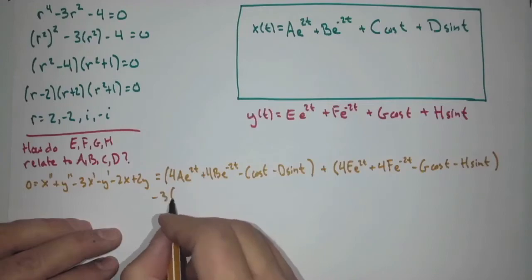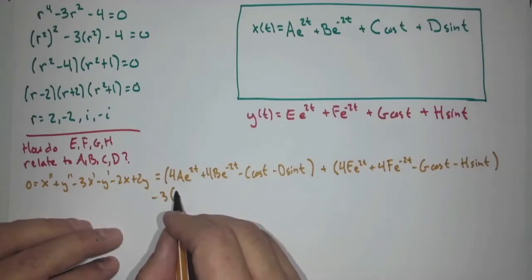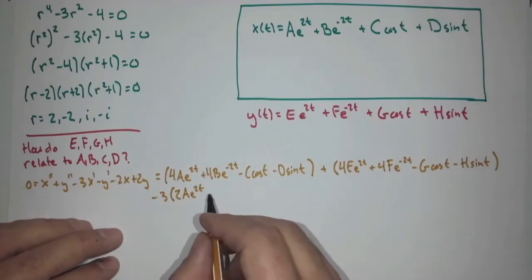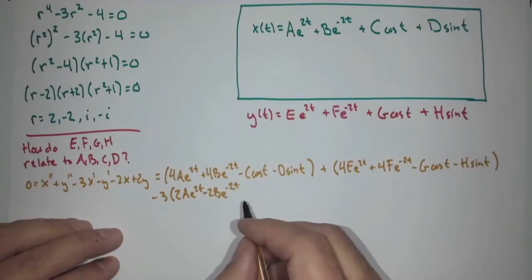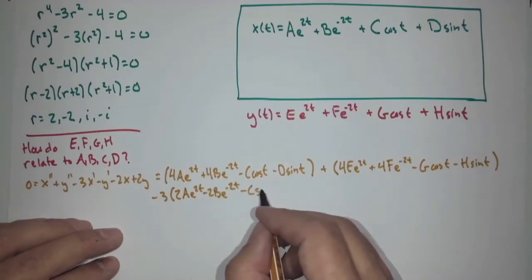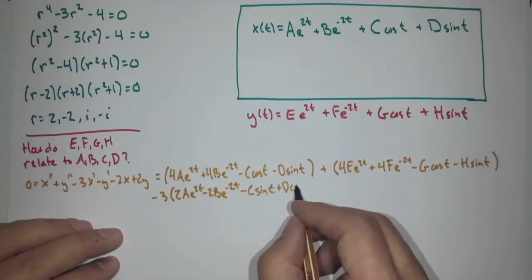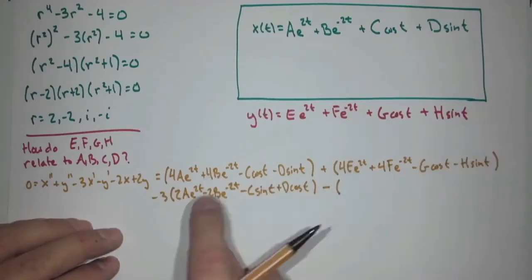Minus 3x prime. Which x prime? 2a e to the 2t, minus 2b e to the minus 2t, minus c sine t, plus d cosine t. Okay. Minus y prime. But again, it's just this.